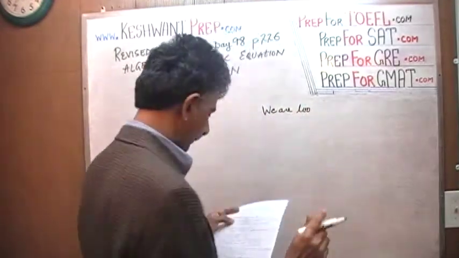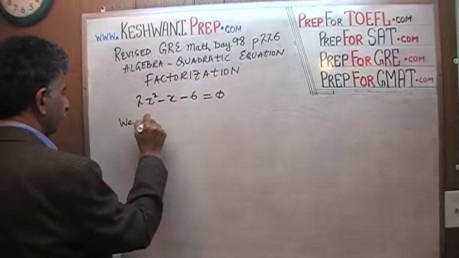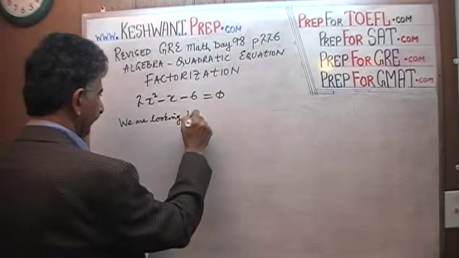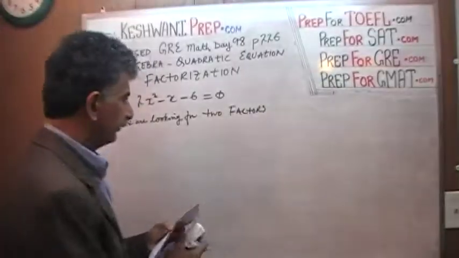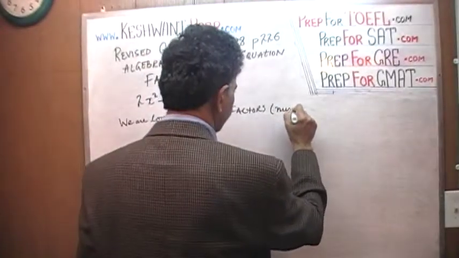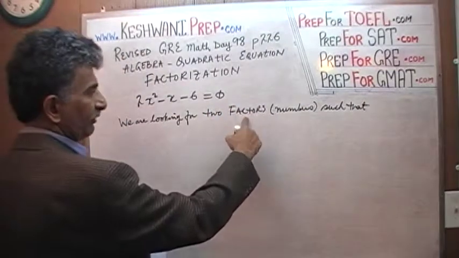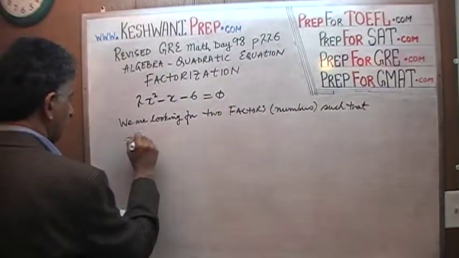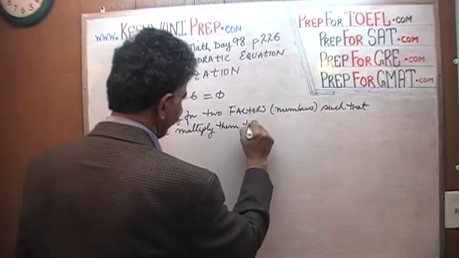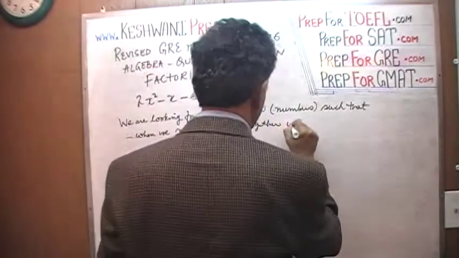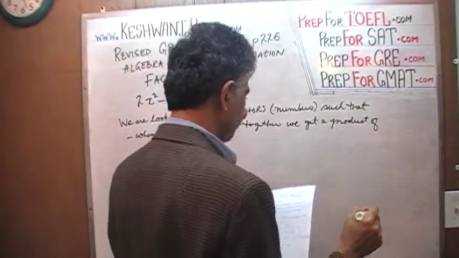We are looking for two factors, two numbers, such that when we multiply them together, we get a product of negative 12. That's why it's called factorization, because we're looking for factors.